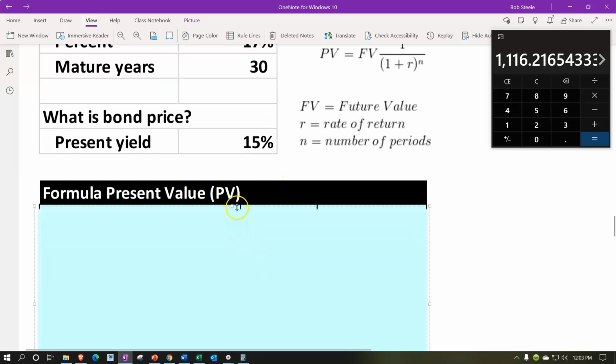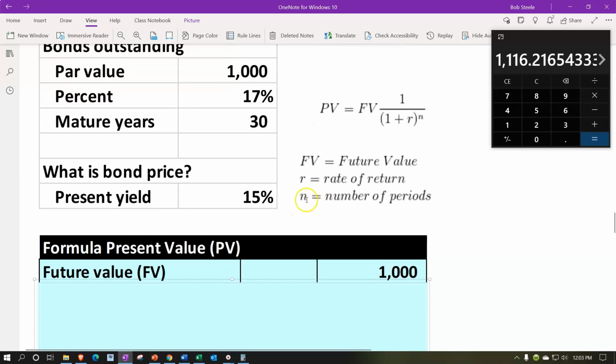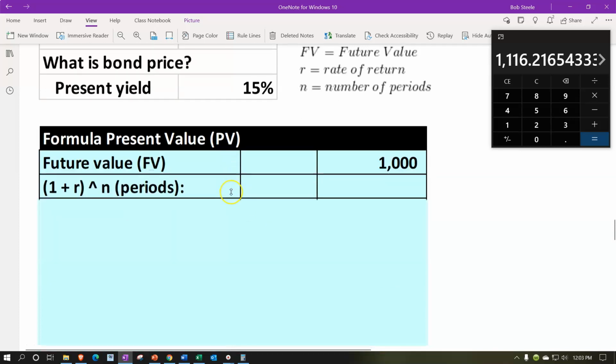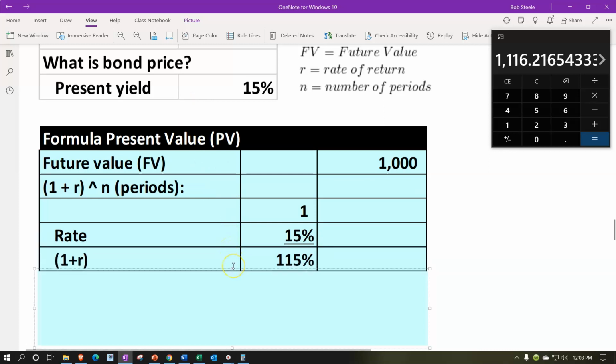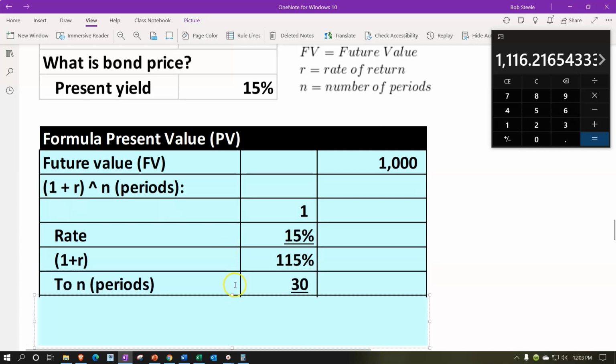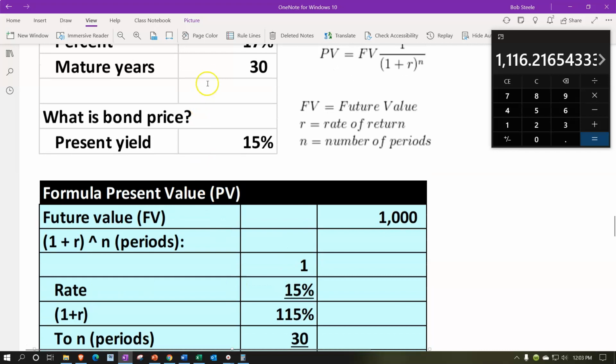Putting that into our table format, we then have the 1,000 in the outer column, that being the numerator. And then we have the 1 plus r to the n. There's the 1. There's the r, which is 15%. So 1 plus 0.15 gives us 1.15, or 115%. And then we have to take that to the power of 30. That's the number of periods.